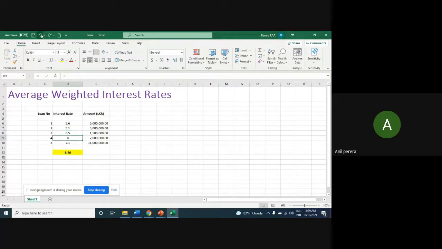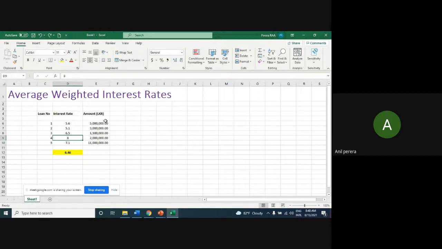Now, the issue is at these different interest rates, you are having different volumes. Those volumes matter. Why does it have an impact on the rate? Actually, the interest rate should reflect the value of the transaction when we calculate the average.